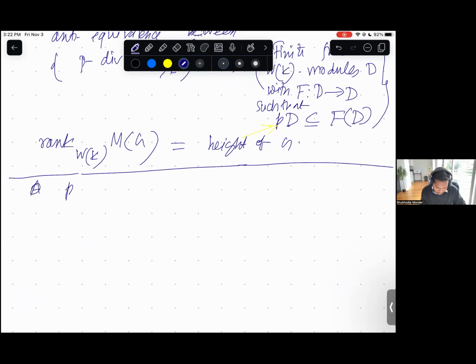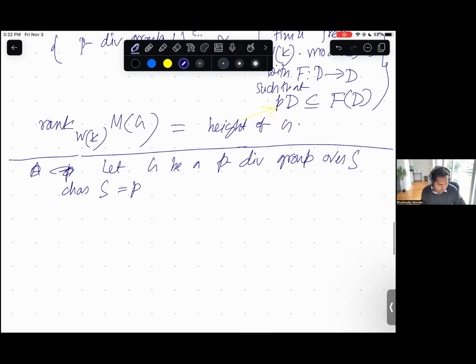So let G be a p-divisible group over S. So S is now just a general scheme of characteristic p. So then the definition is below.